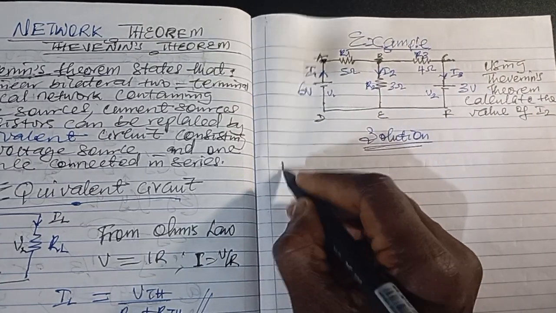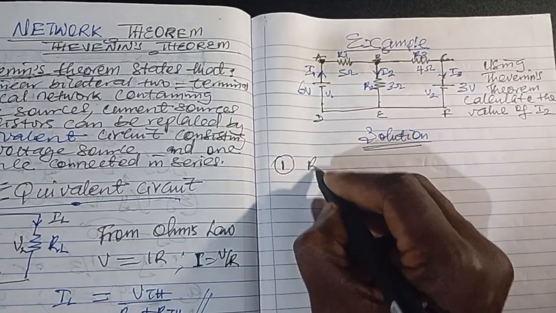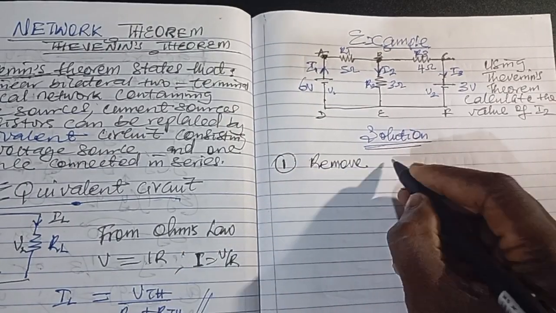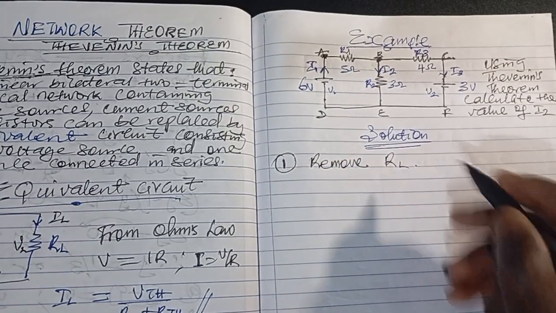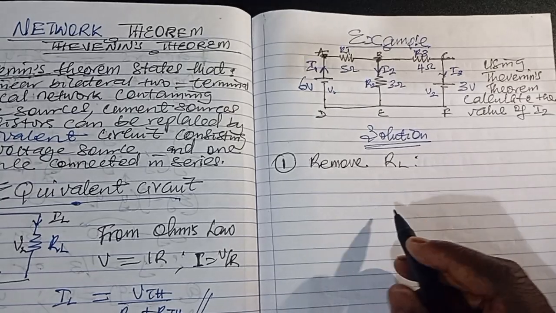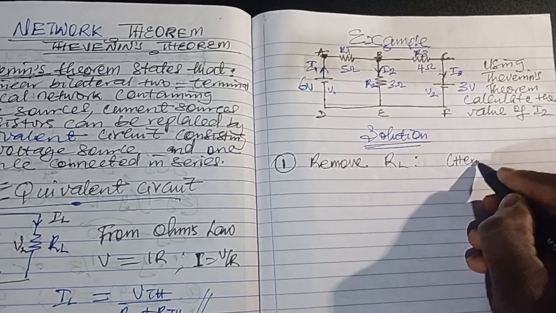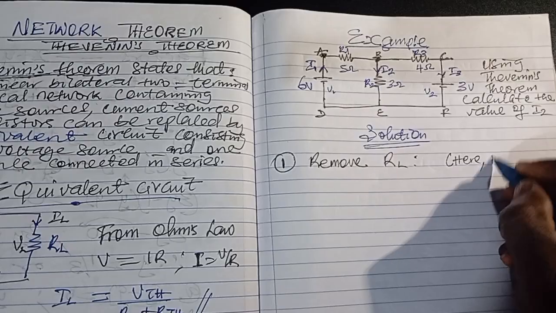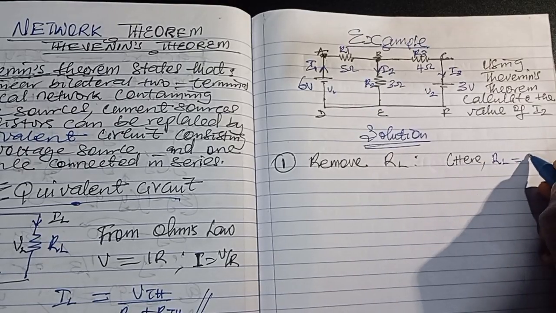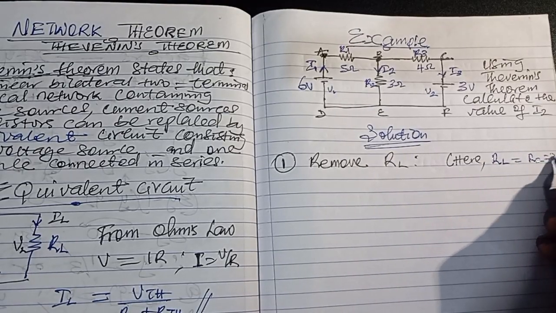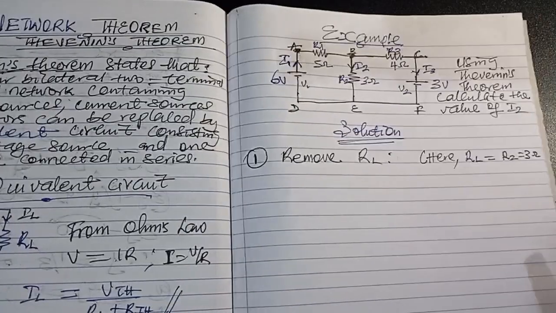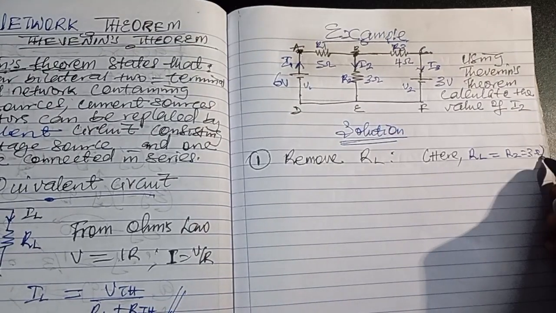First step, remove RL. Here our RL equals R2, which is 3 ohms. So we are going to remove it.